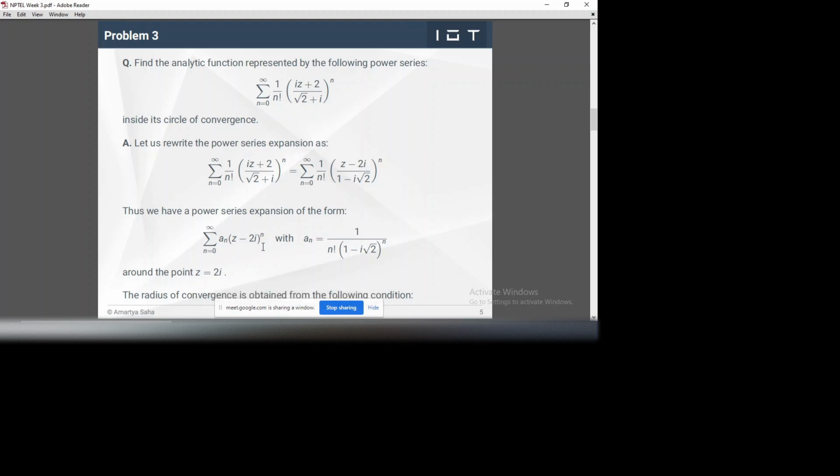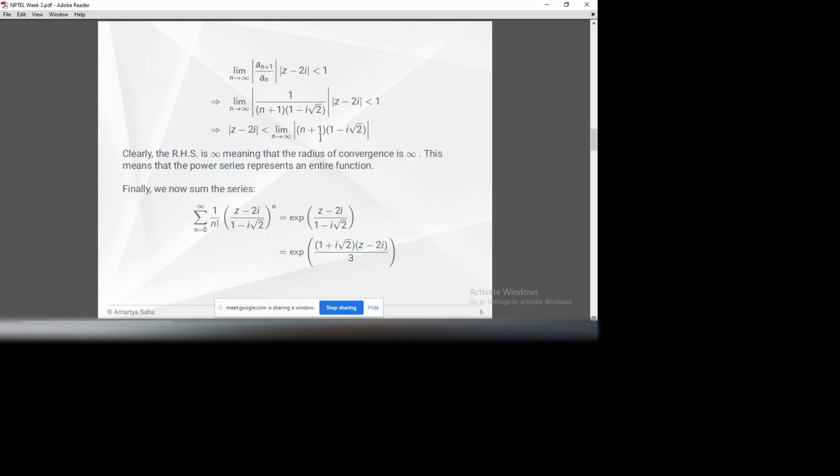So the ratio of the (n+1)th term and the nth term, in absolute value, must be less than 1 when n goes to infinity. So that is the criterion for convergence. I have simply used that here, and then I have substituted a_(n+1) and a_n and written their ratio.